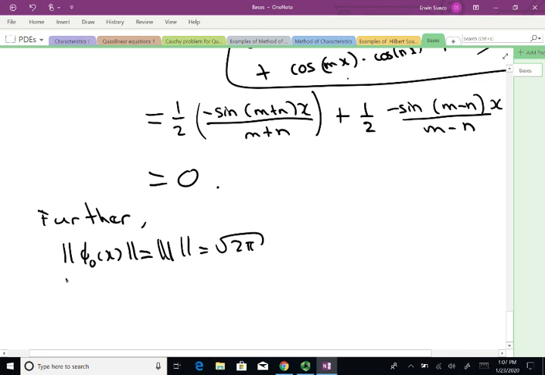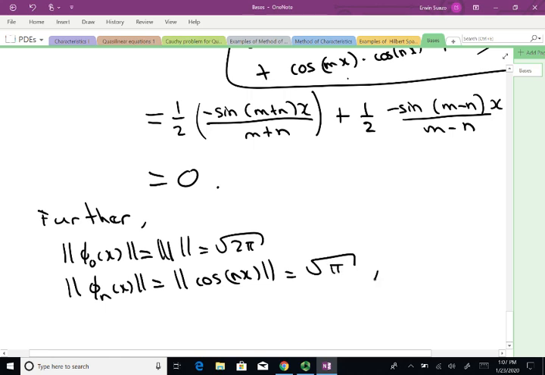If you do the norm of phi n of x, the norm of cosine nx, that will give us the square root of pi, for n equals 1, 2, and so on. So the norm of the first one is the square root of 2 pi, and the others are the square root of pi.